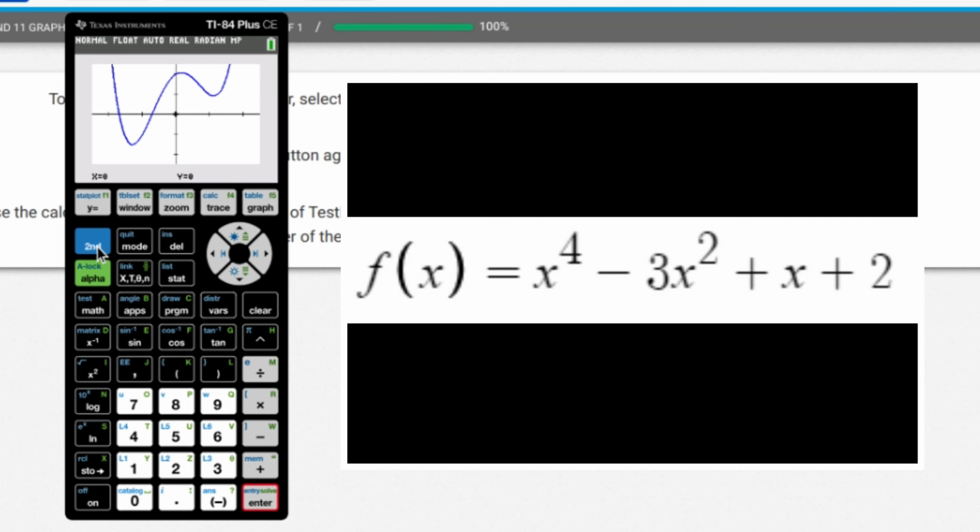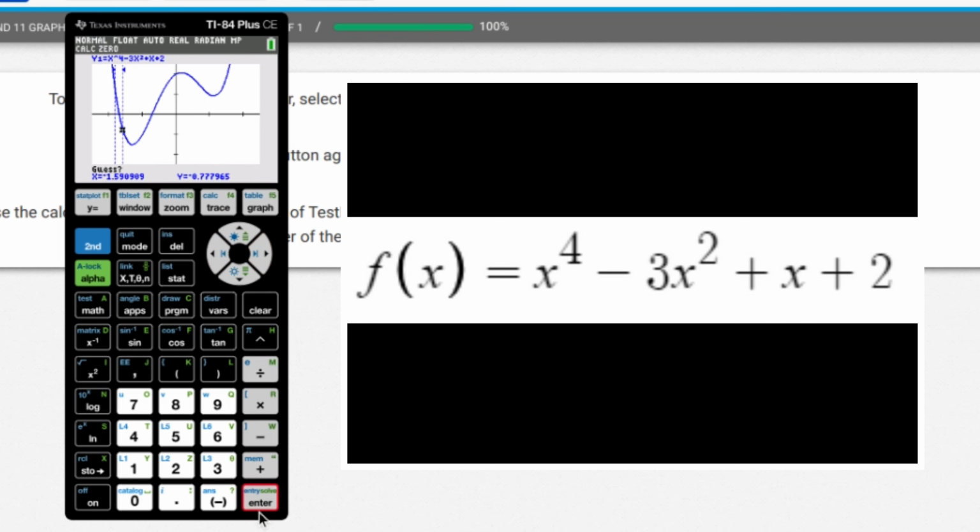So the way you find your zeros is you hit second calc and go down to 0 or just hit 2. And we're going to start with the zero on the left. So the way you do that is you make sure your blinky cursor is to the left side of that zero. There. I'm going to hit enter. Move to the right.